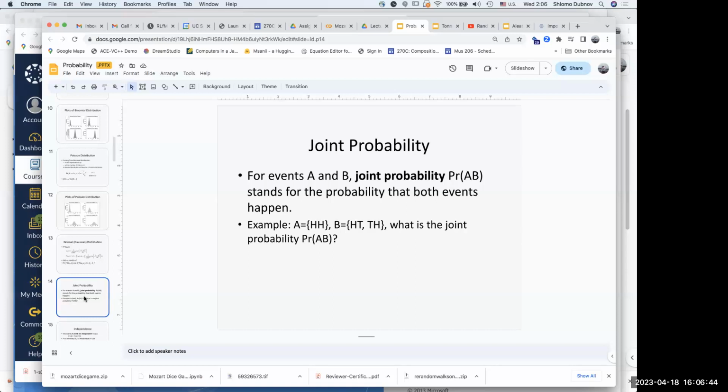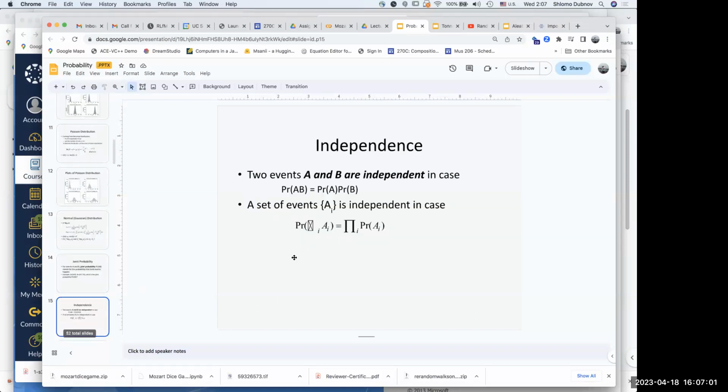Now, if you have more than one event, you talk about joint probabilities. If you have events that are not independent but dependent, then you have to calculate the dependencies between A's and B's. In the case of, let's say, coin flips, usually the events are independent. So this is how it's expressed. I'll have to fix the slides here.